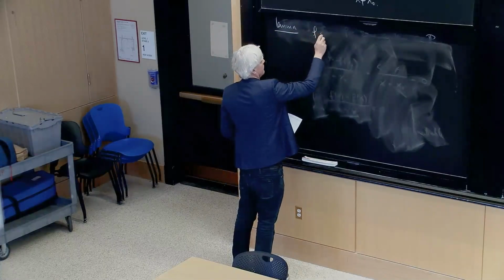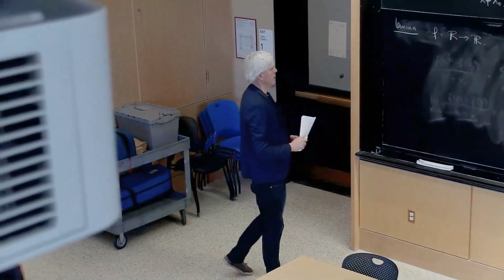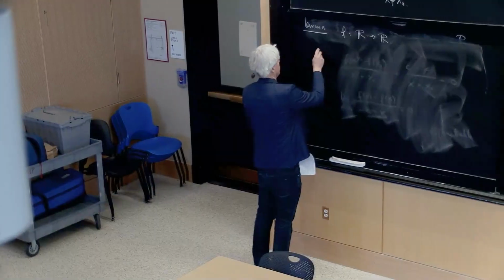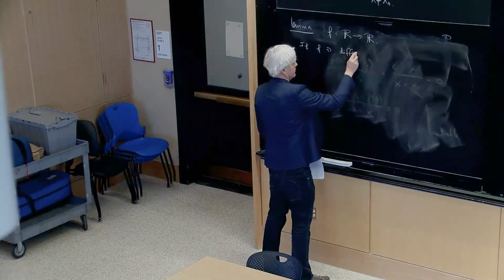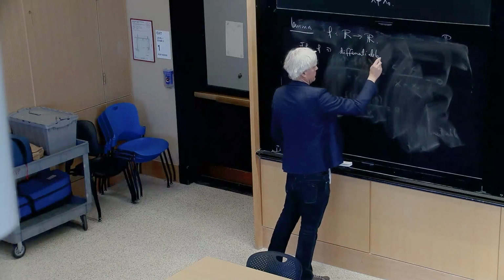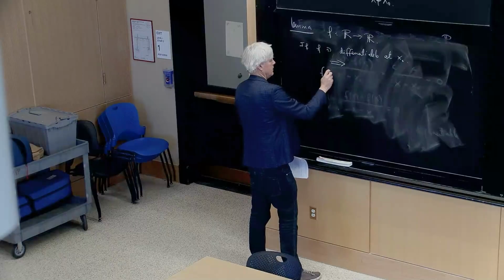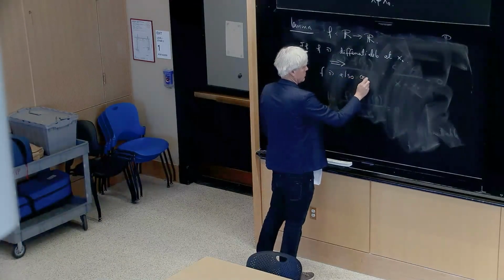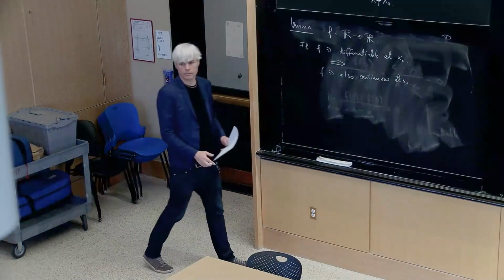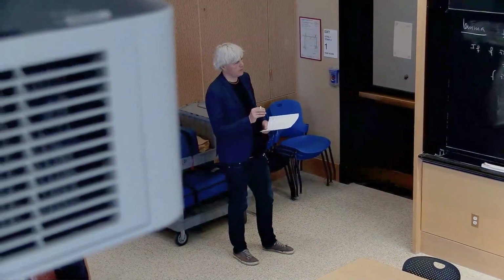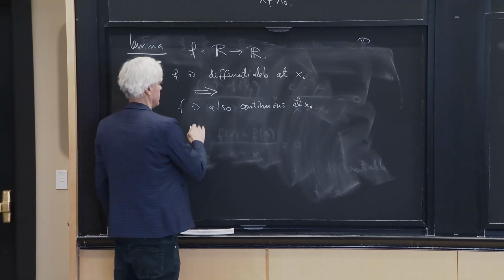You have a function f from R into R, and if f is differentiable at x0, then I claim that f is also continuous at x0. In other words, being differentiable is stronger than being continuous. In a minute, we will see an example of something that's continuous but not differentiable.